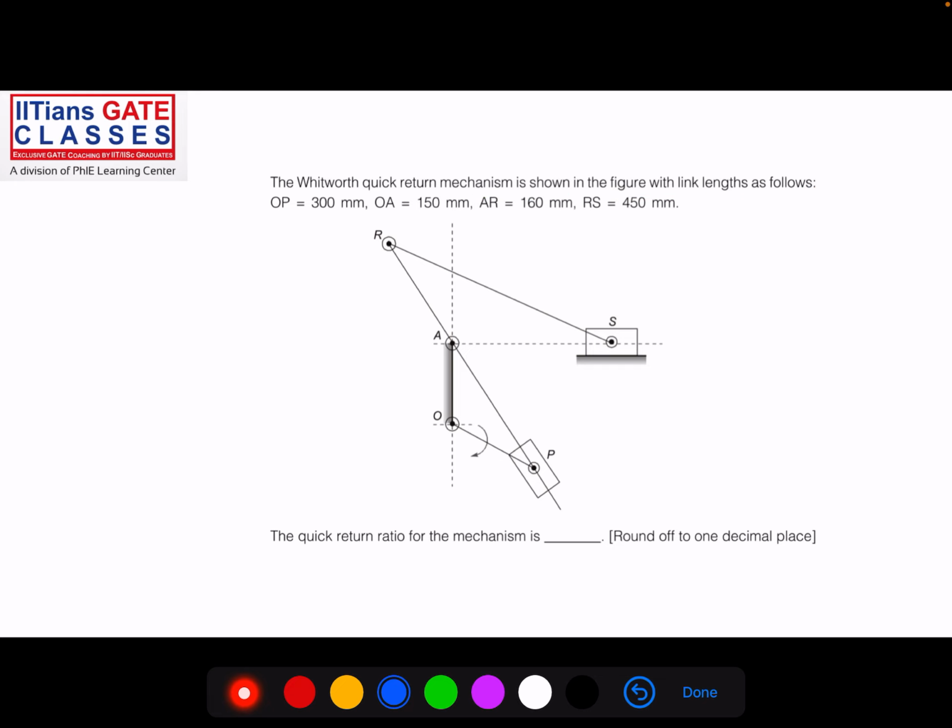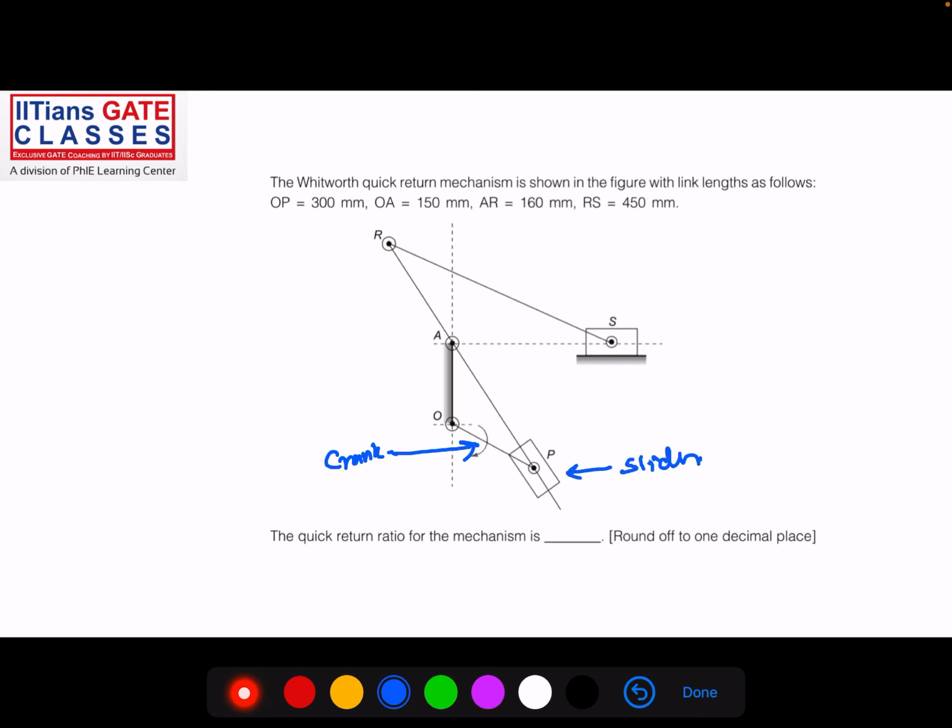So let us first understand how exactly the Whitworth quick return mechanism works, then we'll be able to understand what the quick return ratio is. Basically, you see this is the crank. The crank rotates full circles. This is a slider.